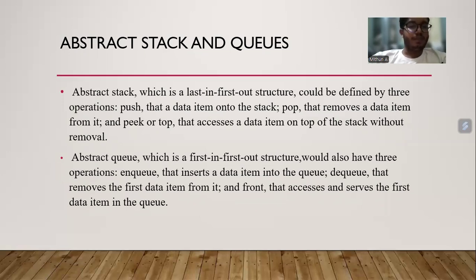We use push, pop, and peek. With push, a data item can be inserted into the stack. With pop, you can remove a data item from it, and with peek on the top, we can access the data item on the top of the stack without removal of the items below the top.